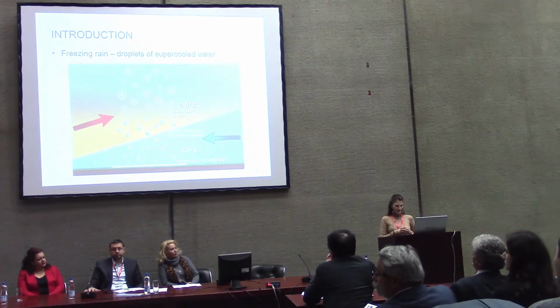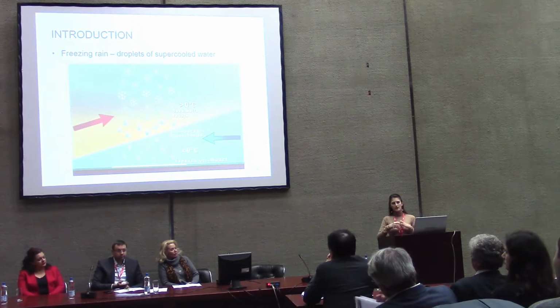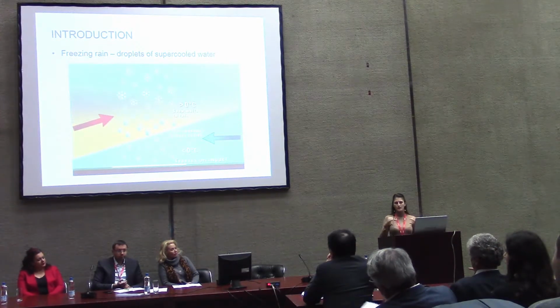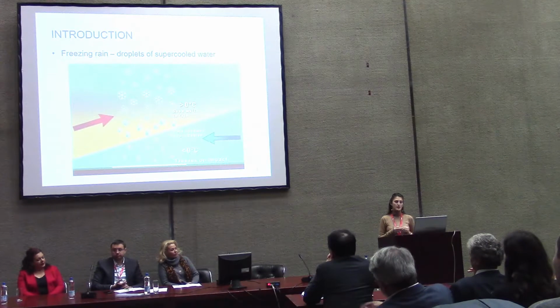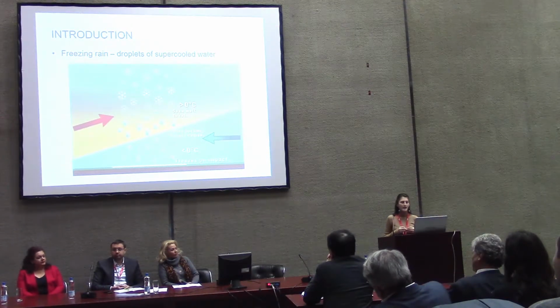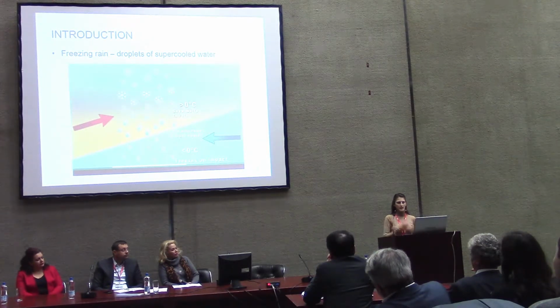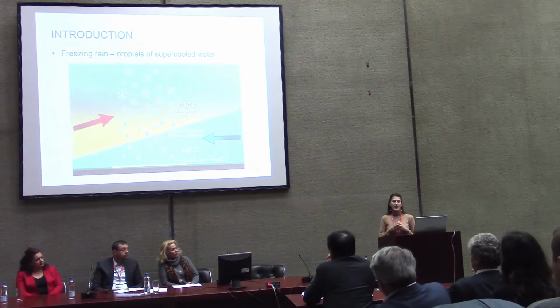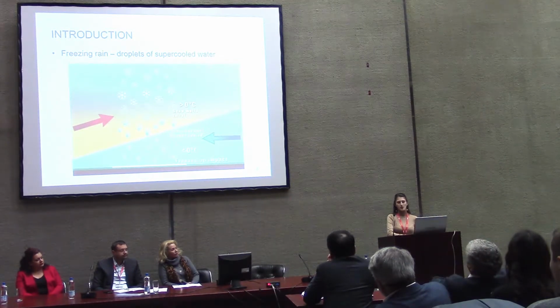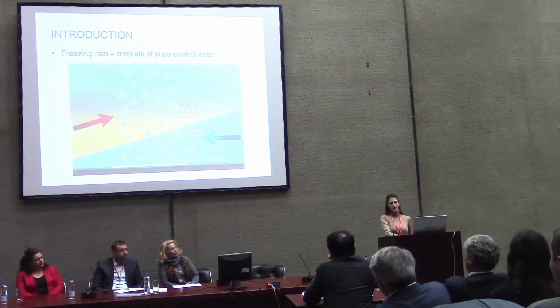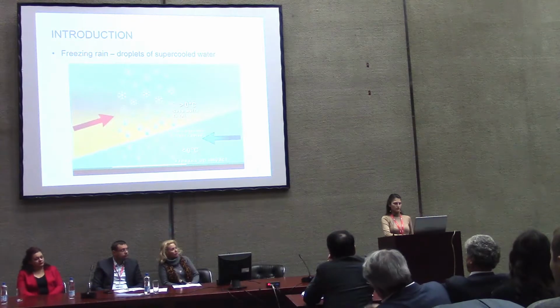After that, raindrops pass again through a layer where temperature is below freezing point, and they can never become flakes anymore. So the rain droplets become supercooled, and they freeze when they contact a solid surface, whose temperature can be above and below freezing point.